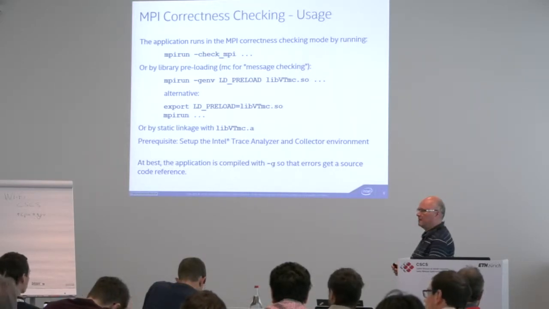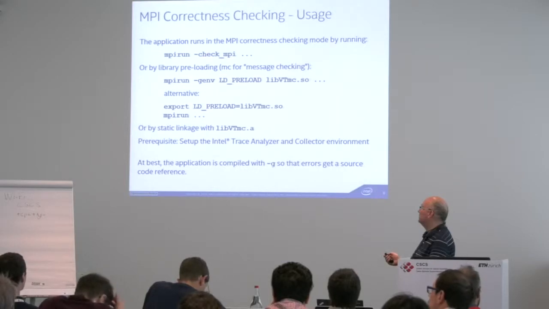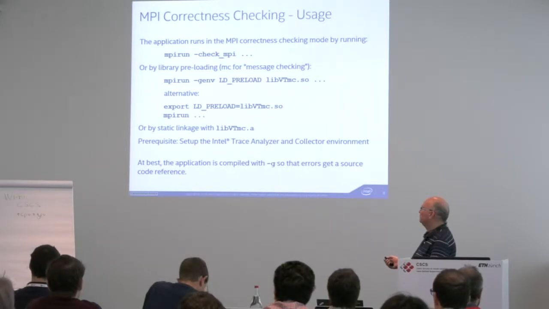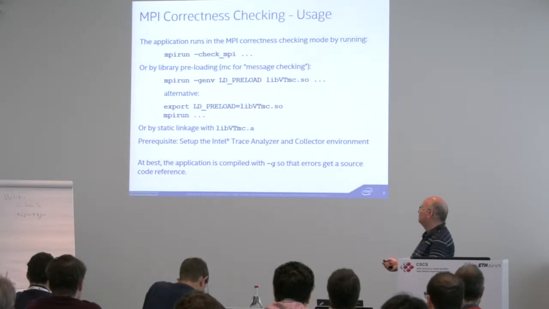And when we start the MPI run, we have to put the -check_mpi, because this is Intel MPI. This is only working with Intel MPI, so it's integrated into the Intel MPI run command. But the export of LD_PRELOAD is more flexible.